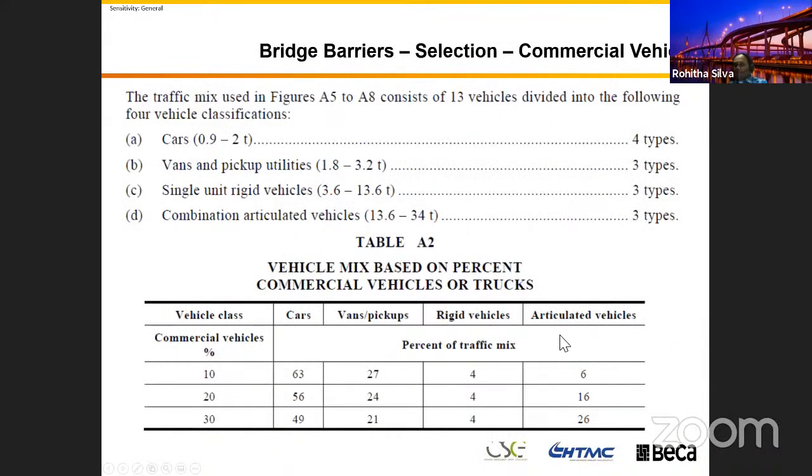And then the code gives you guidelines. Different countries use different approaches. The way the Australian standard does it, they define the number of heavy vehicles or commercial vehicles based on this composition: cars, trucks, small lorries and big articulated vehicles.